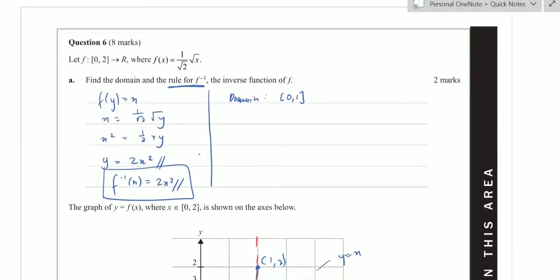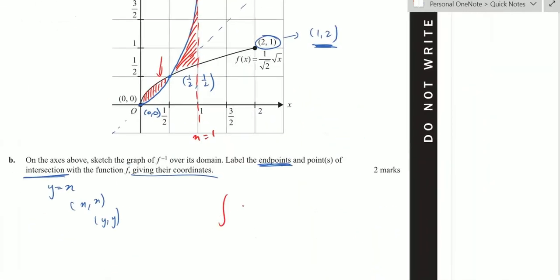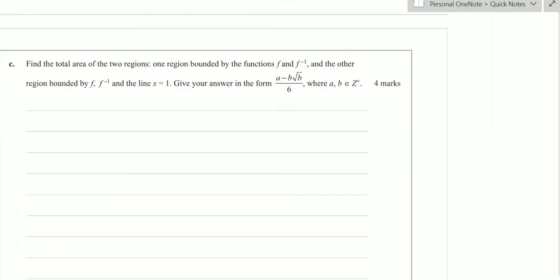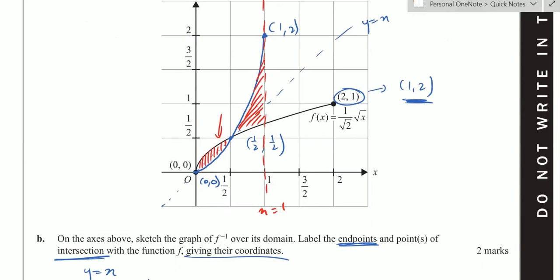We know how to integrate both of them, so you could even just do the integration of f(x) minus f inverse x, but for this question it doesn't really matter because it's pretty simple both ways. I chose to do y equals x anyway just because integrating x dx is easier than most other functions.